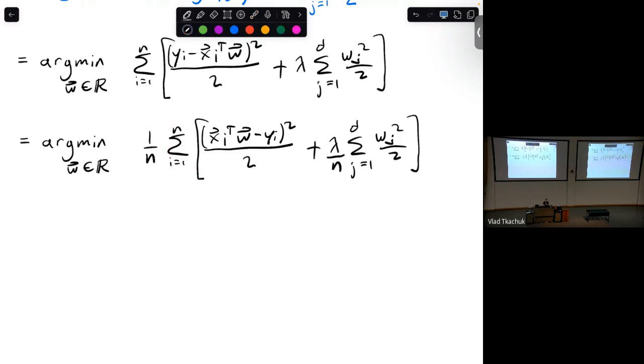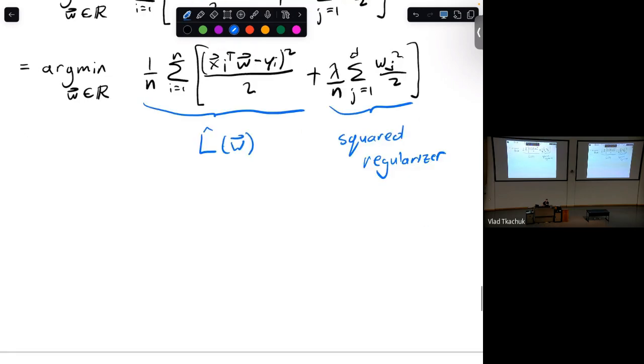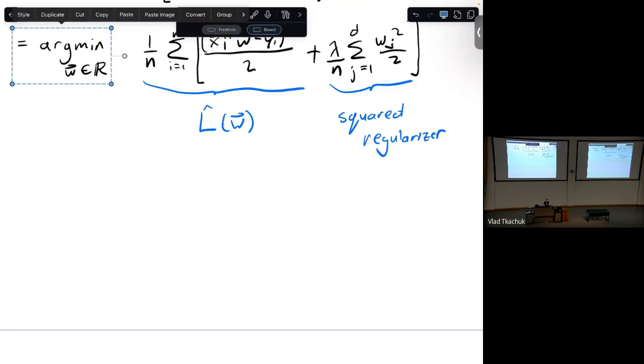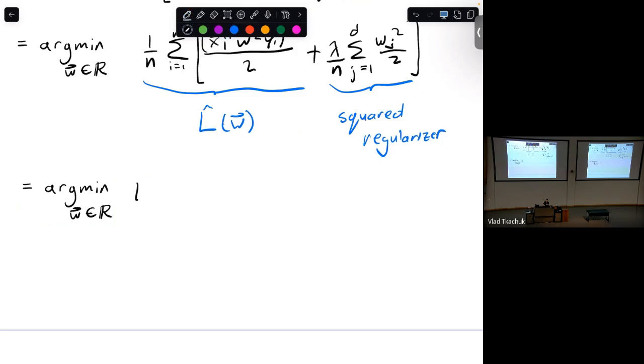And now we get exactly that this is equal to the usual L hat of W. And this is the squared regularizer. And all that being said, we end up with that this whole thing is the same as minimizing what we called L lambda, which is the regularized empirical risk of W.